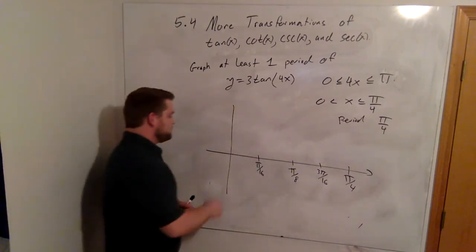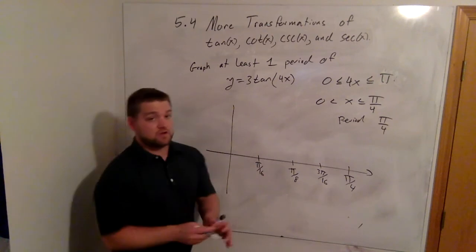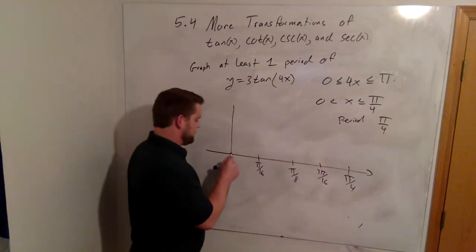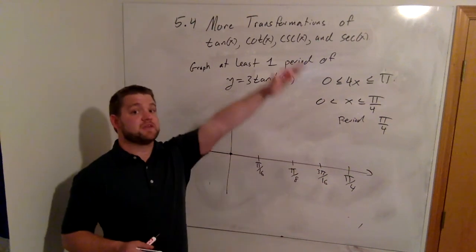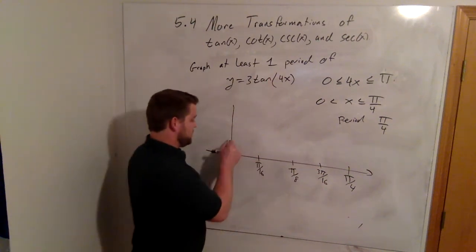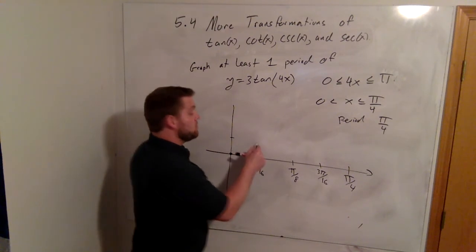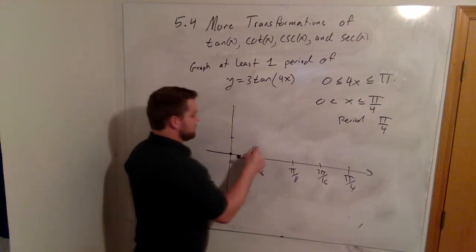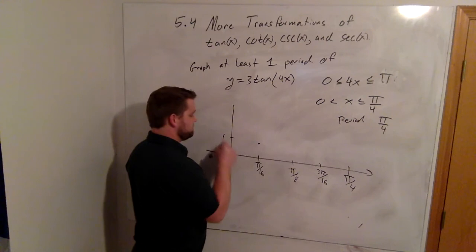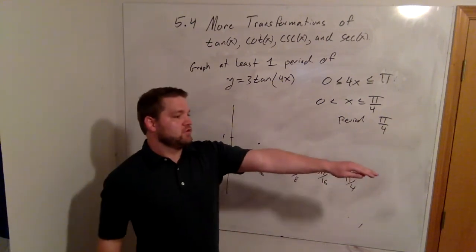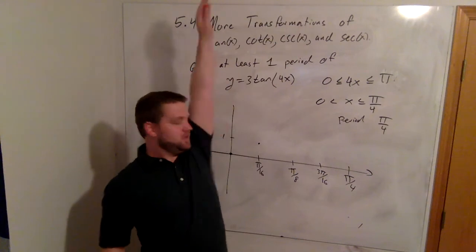Tangent starts out at an x-intercept, then slope of 1. Here I would normally mark a 1, but let's put the 1 here for right now. So x-intercept, slope of 0, slope of 1, infinite slope.